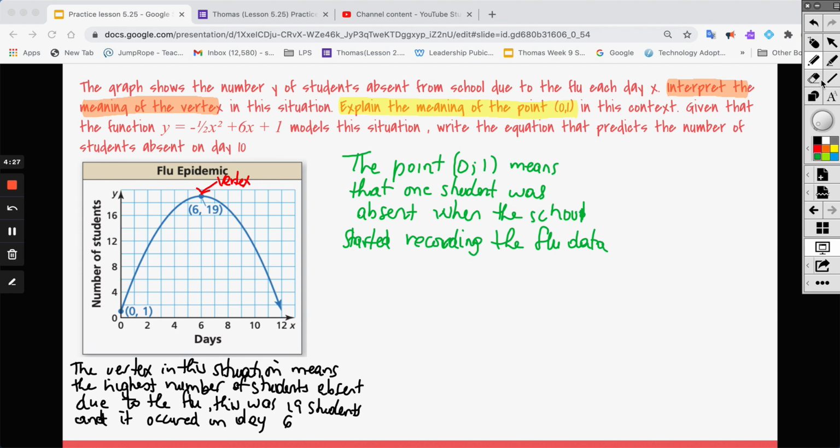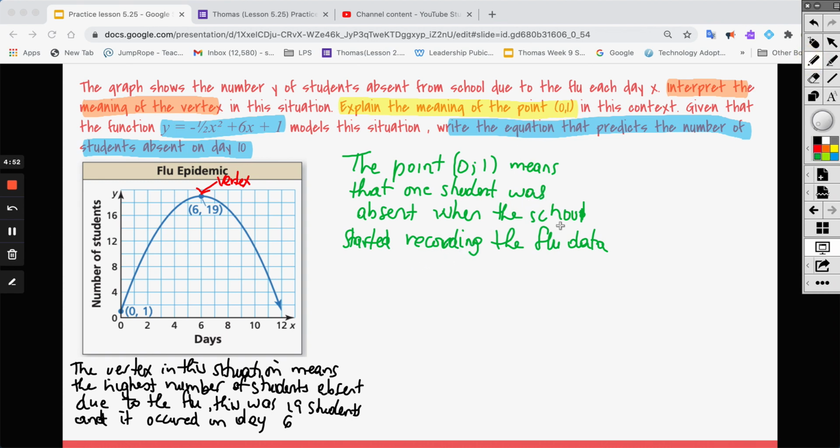The last thing we were asked to do is they gave us the equation and they say write the equation that predicts the number of students absent in 10 days. So on day 10, sorry.